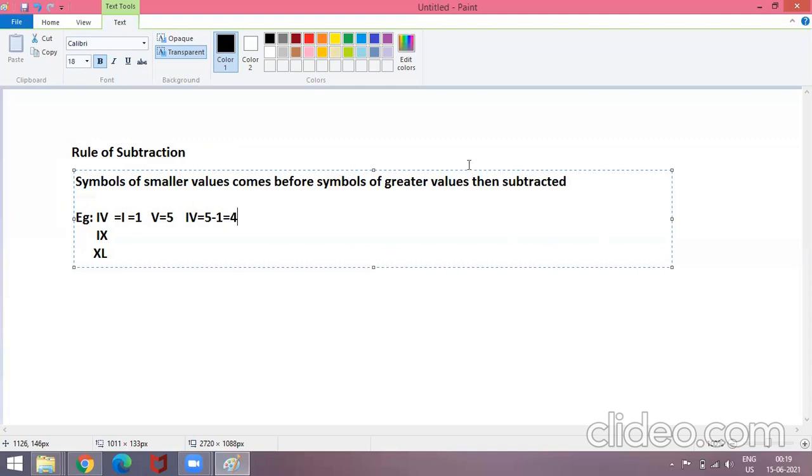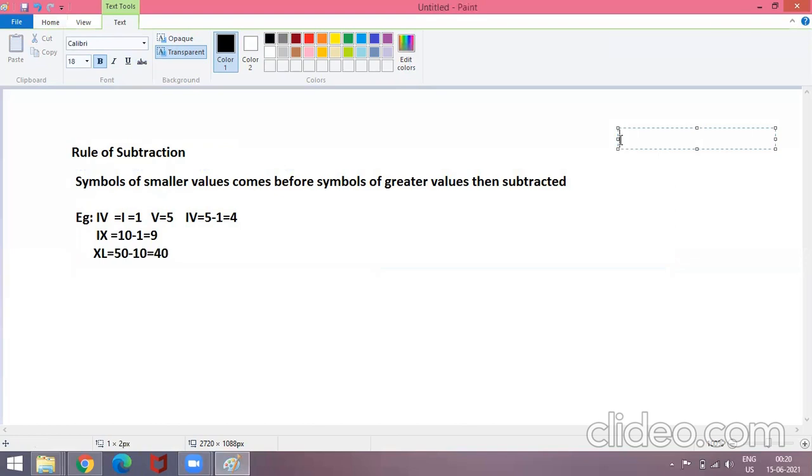Correct? Can you work out these two? Yes, you are right. See, I is of lesser value. It comes before X, which means it has to be subtracted. 10 minus 1 is equal to 9. The same holds good in the next case too. The value of L is equal to 50. For X, it is 10, which makes 40 in this case.